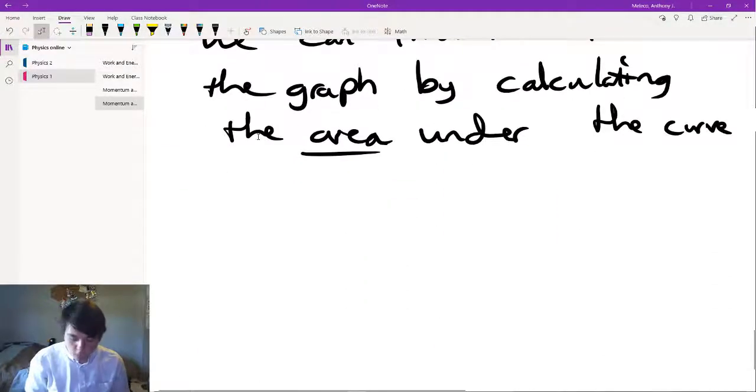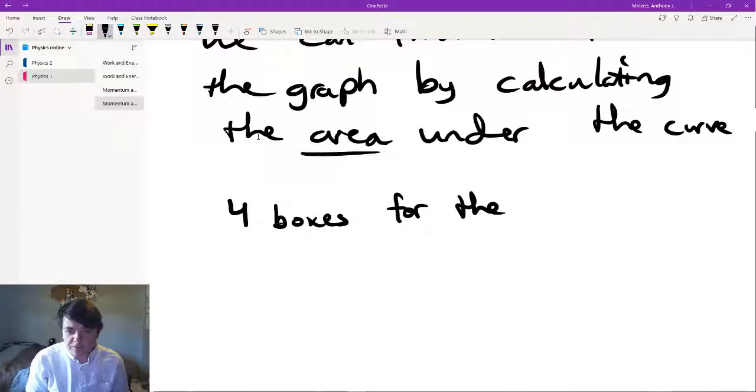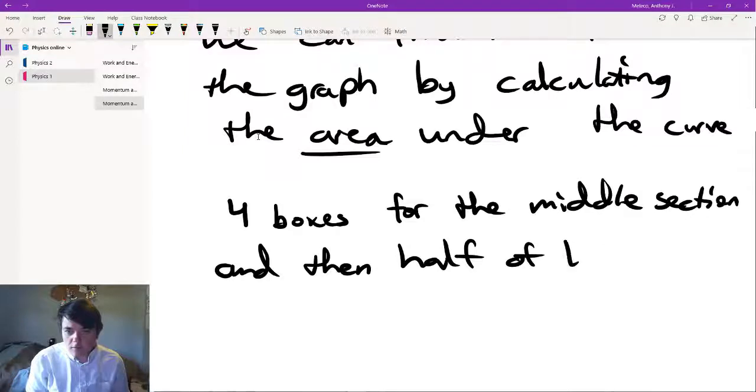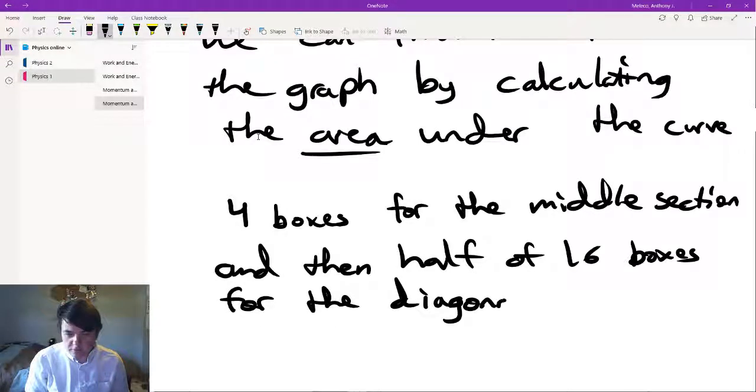Okay, so this would be 4 boxes for the middle section. And then half of 16 boxes for the diagonal sections.